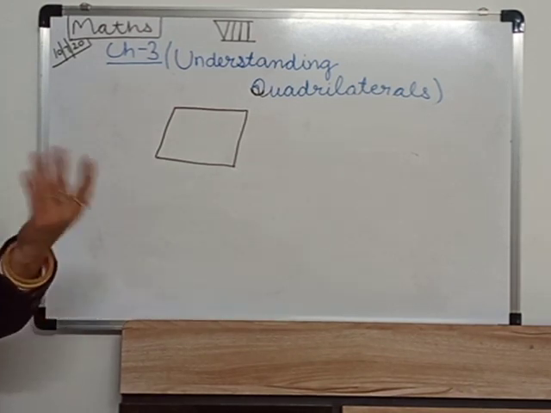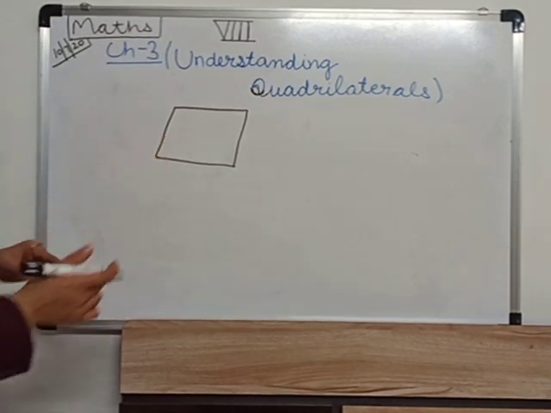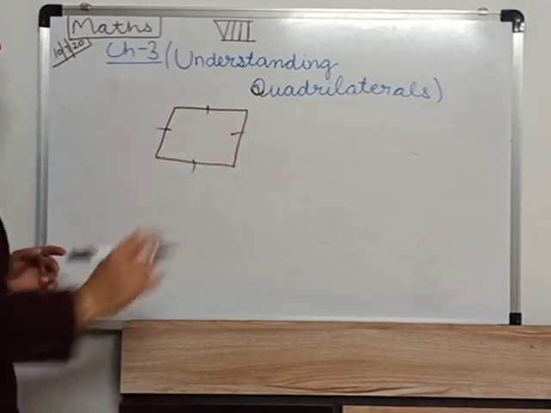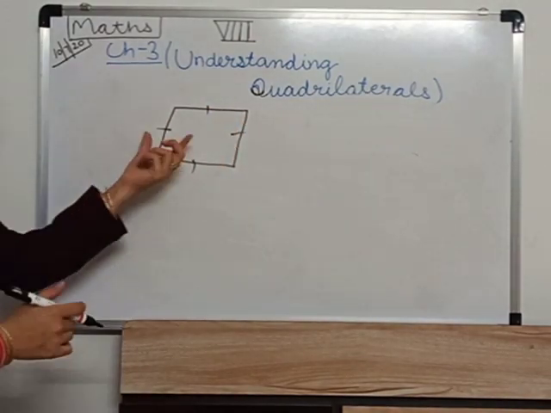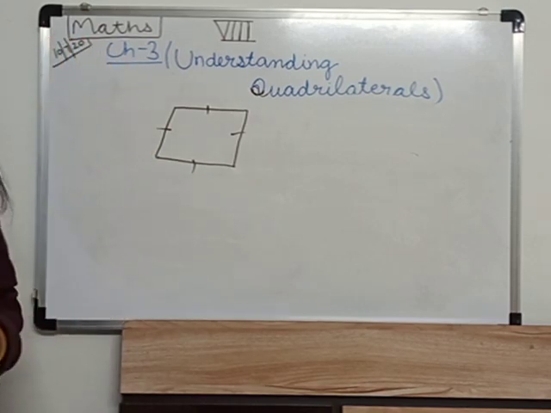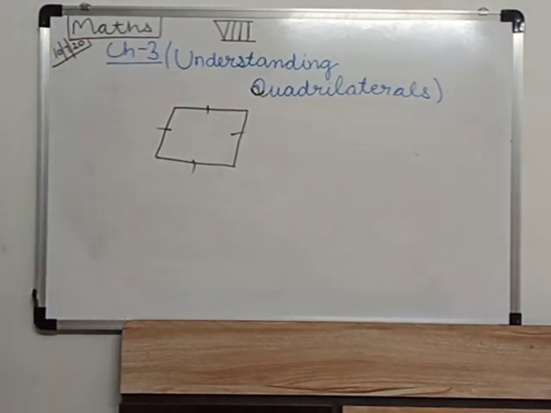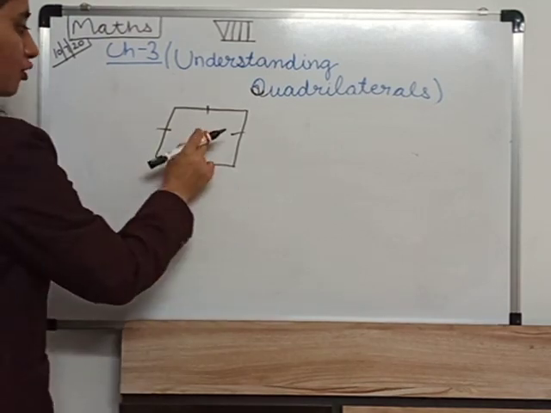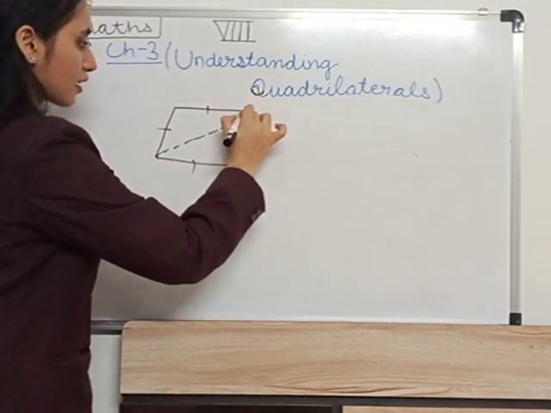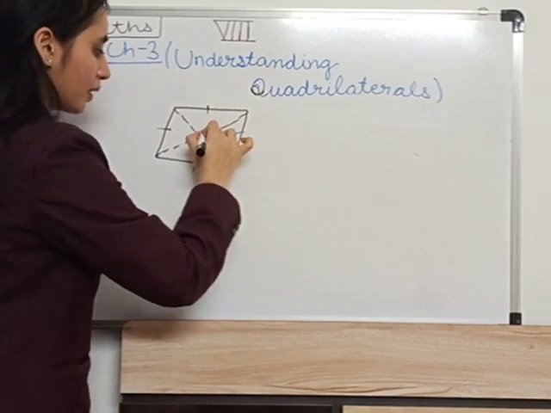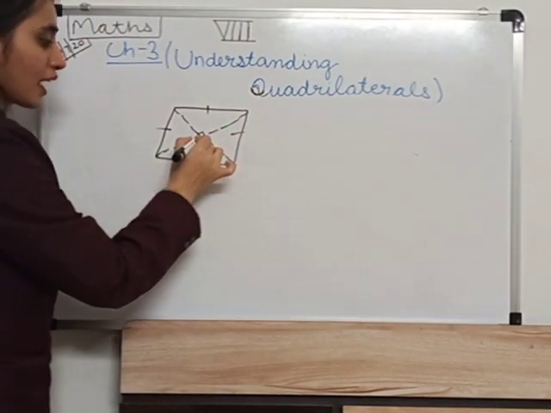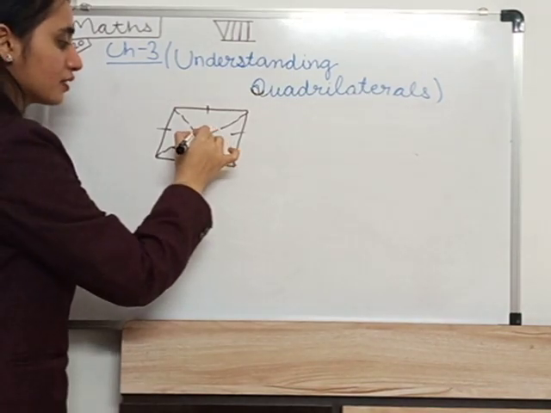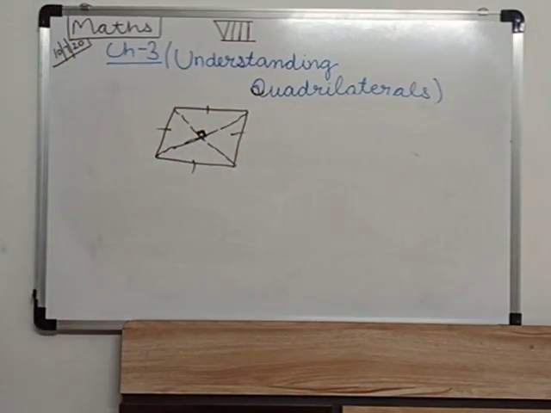In a parallelogram, opposite sides are equal, but in a rhombus, all sides are equal, and it satisfies all the properties of a parallelogram. Means opposite sides are equal and opposite angles are equal, and last one is diagonals are perpendicular to each other. Means in a rhombus, the diagonals cut each other perpendicularly.